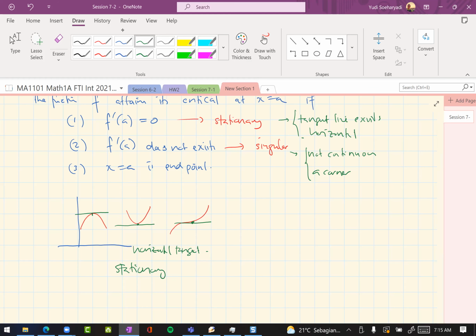And singular looks like this one, or corners. So this is what you call singular.